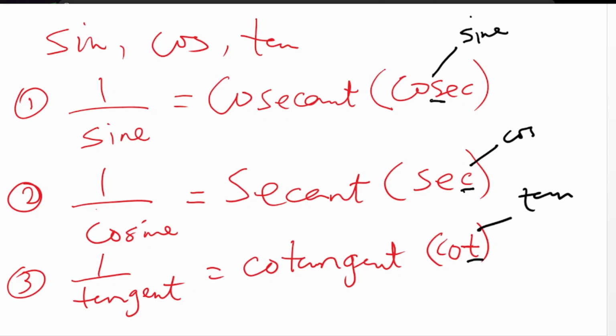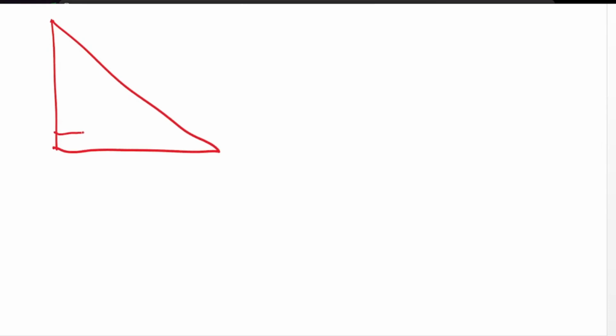Now, let's go into the details of it. How do we apply this? It's very simple. We're making use of a right angle triangle. This is the right angle. Let's call this one A, this one B, and this one C. The side facing A will be small letter a, the side facing B will be small letter b, and the side facing C will be small letter c.